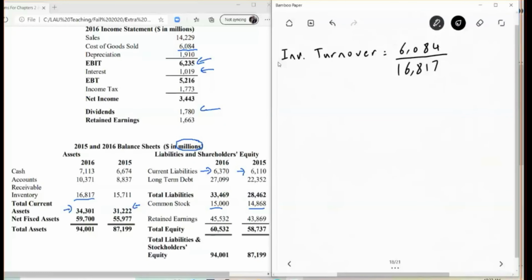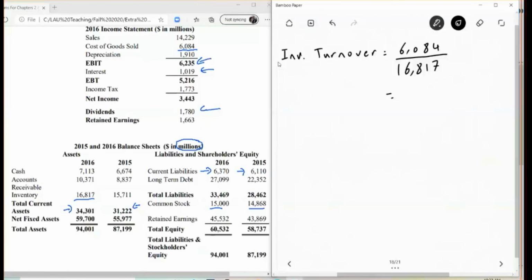As I said before, whenever you have one value from the income statement and one value from the balance sheet, it's better to take the average of years 2015, 2016, because the income statement for year 2016 is true over the period from 2015 till 2016. But here, for simplicity, we are using the end of year values.